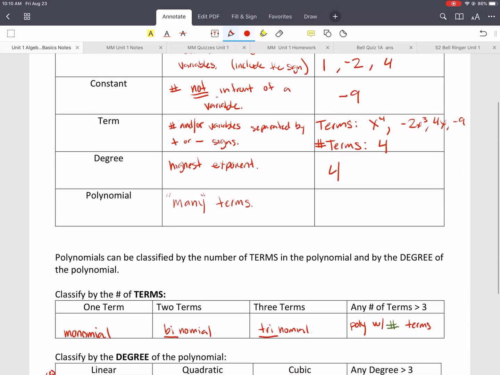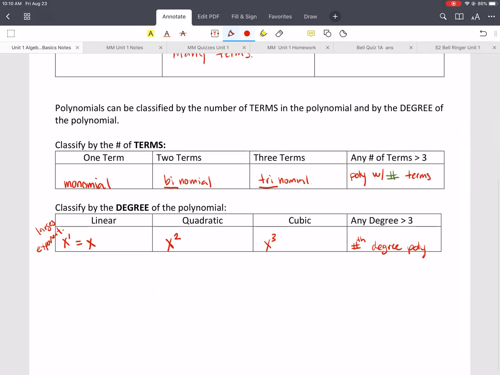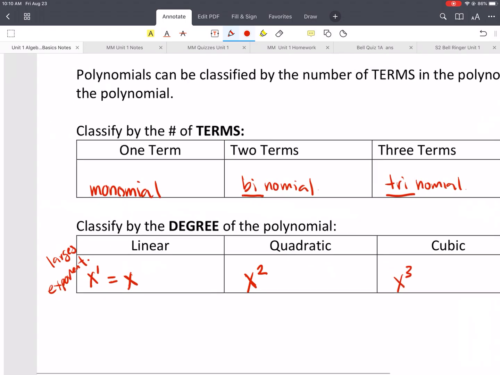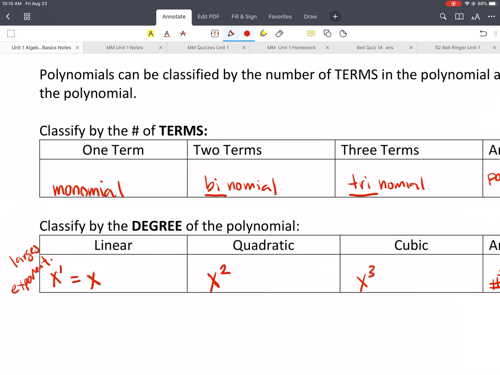So let us learn about how we classify polynomials. Polynomials can be classified by the number of terms or the degree of the polynomial. In class we talked about one term being called a monomial. An example of that would be something like x or x squared or 2x or 5x squared.